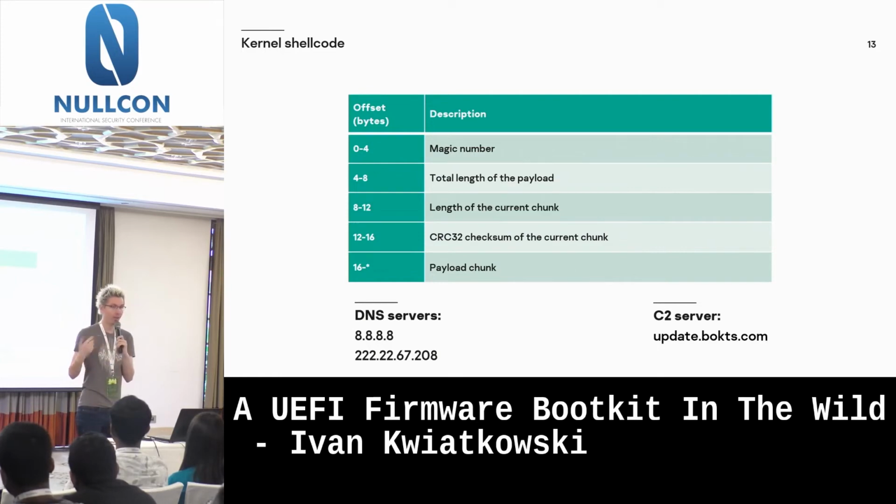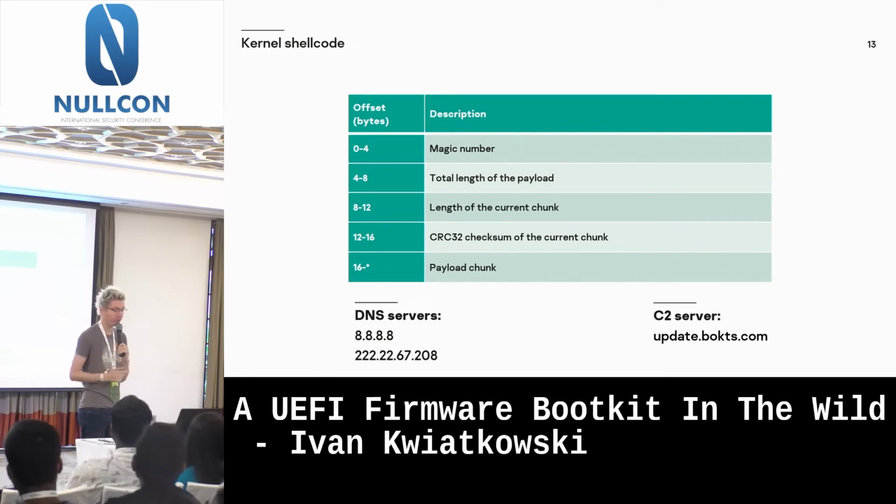Now, once they are able to establish connections to the outside world, they are going to try to contact the C2 server. To do so, they use two DNS servers, either the Google one or another one, this one, 222.222.67.208. This one I'm going to talk about a little bit later.